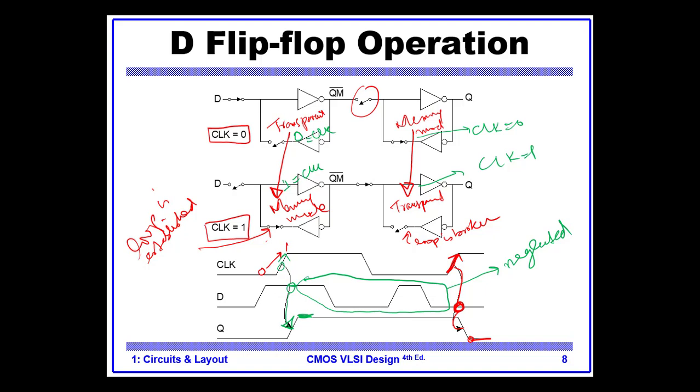What is the importance of this edge? We say that the edge determines the time period. This is T clock, and T clock is basically 1 by F max. So if your processor is running at 3 gigahertz, what will be T clock?